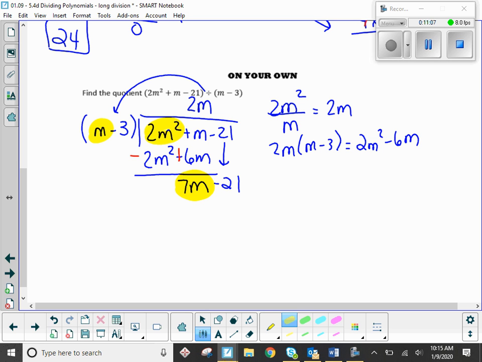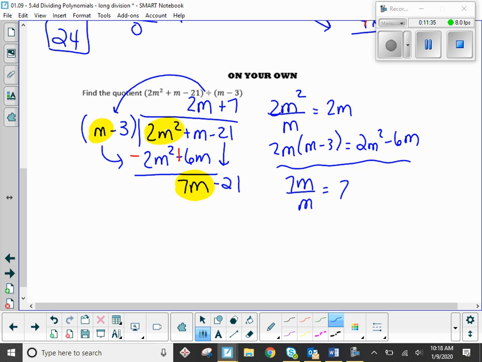Do you want another 2 minutes to try and finish it out now? Okay. Let's talk about it. So you're starting with the first terms again. So it's 7m divided by m. What is that? What is the sign on there? It's a plus, right? Why are y'all putting minus when it should be plus? Anybody can tell me why?